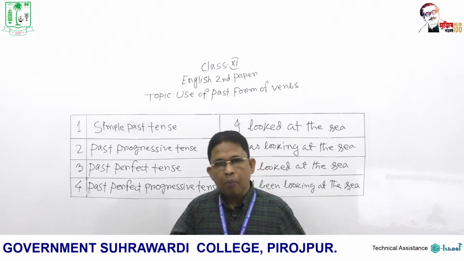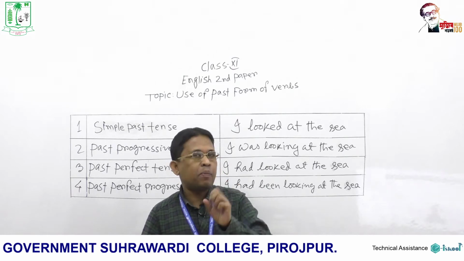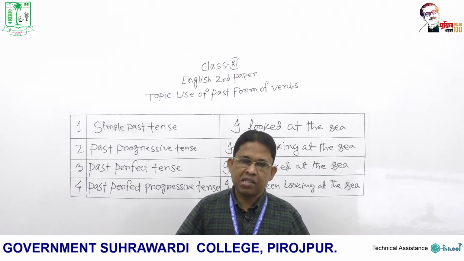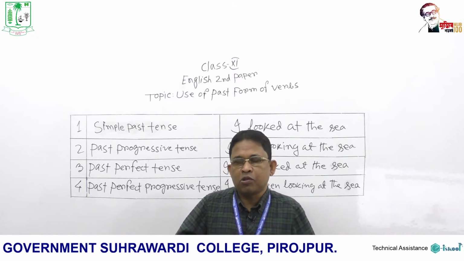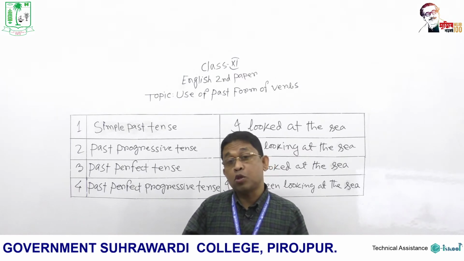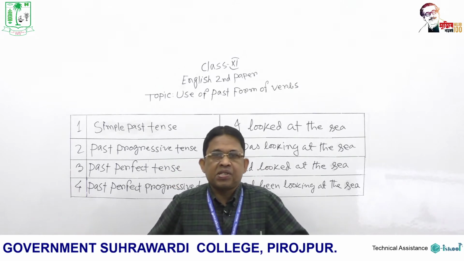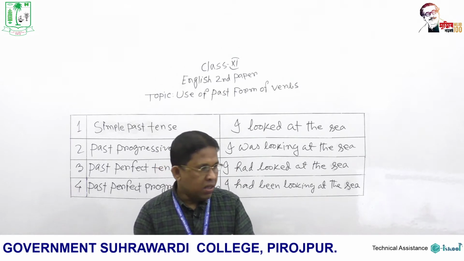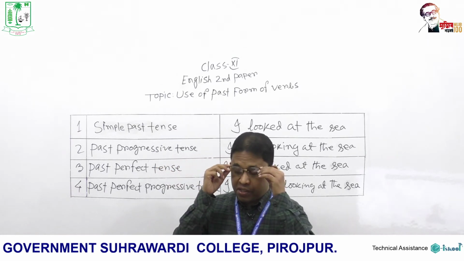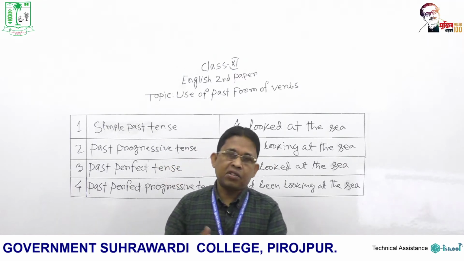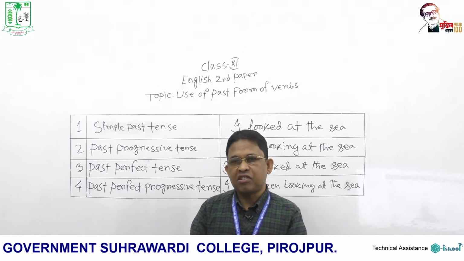So, past tense has some subcategories. I am coming there. That is, there are some subtypes of past tense. Within past tense, we have 4 types of tenses. But still, you should remember that past tense verbs always describe some actions or activities or events or beings or states that happened at a definite time in the past.